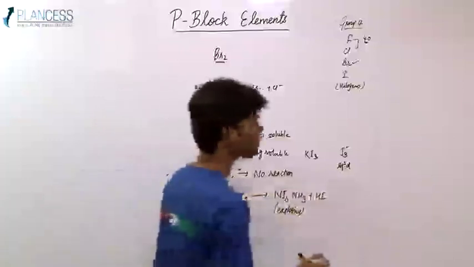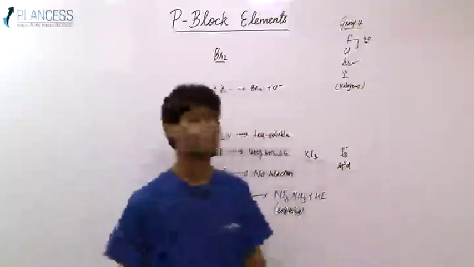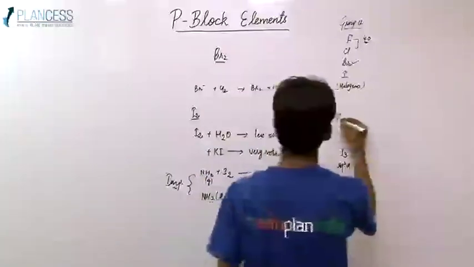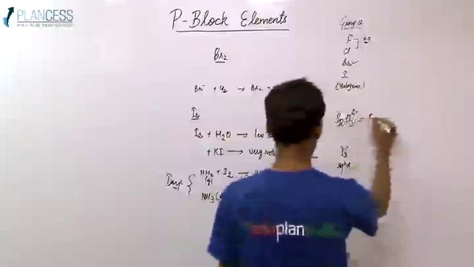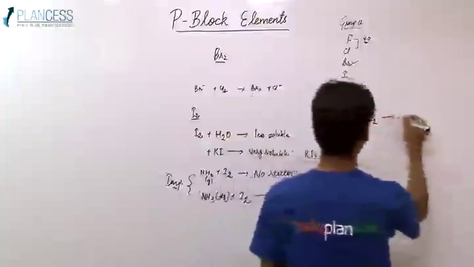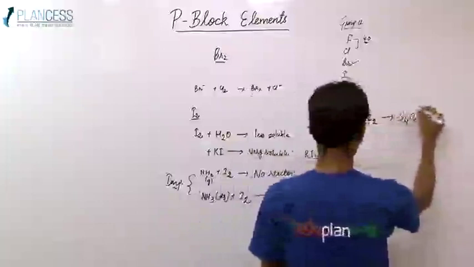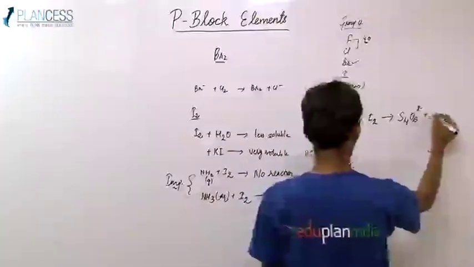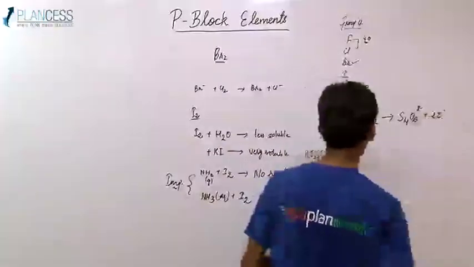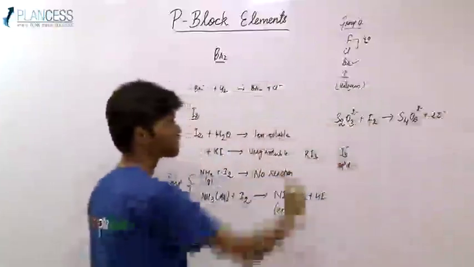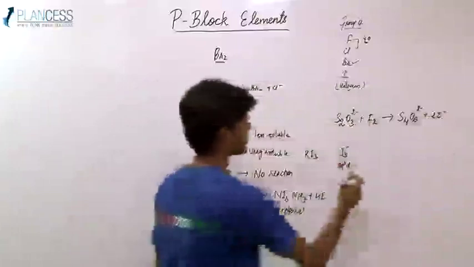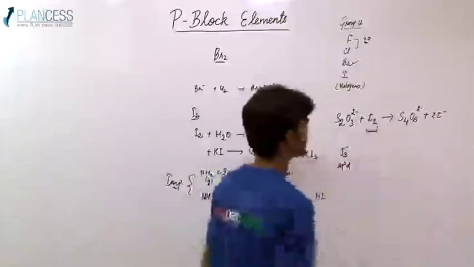One of the important reactions of iodine is with hypo solution. Hypo is S2O3 2 minus, the thiosulfate ion. It reacts with I2 and forms S4O6 2 minus, the tetrathionate ion, plus 2I minus. This is used in iodometric titration, for the estimation of iodine using starch solution.